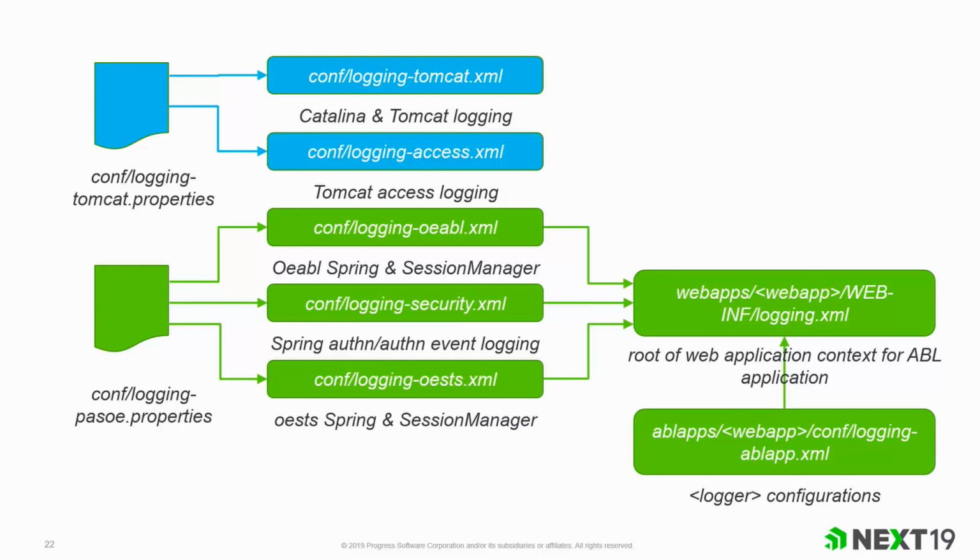And the result of that is a logging.xml that has the contents of all of those. And if you've turned on any specific individual loggers, those get fed into that logging.xml as well. Okay, so it's actually a lot simpler than it was, and much easier to get it right. Again, 99% of the time, you're in these two properties files to make any logging changes.